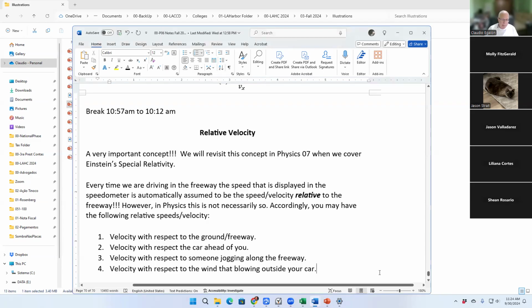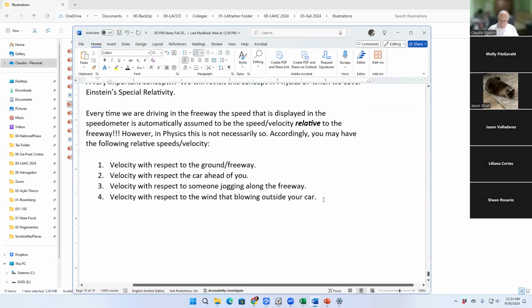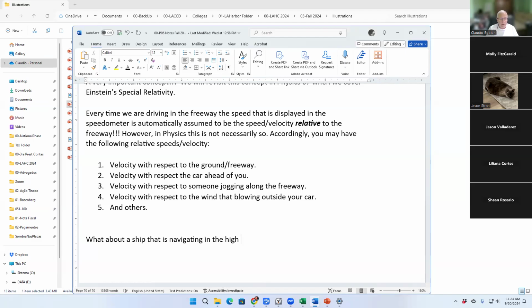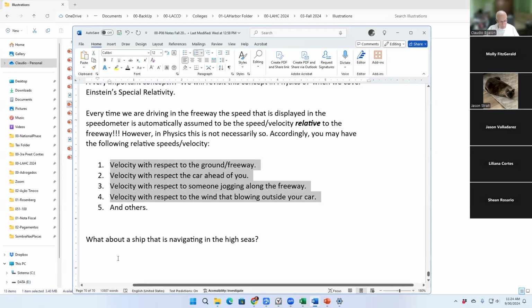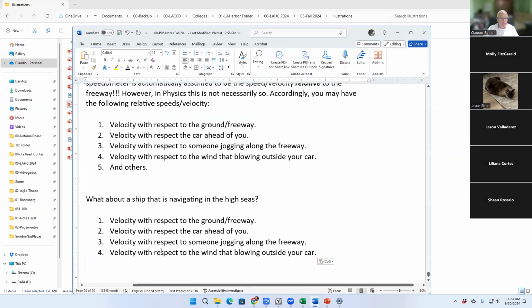Okay, and then you can think of many other, let's say the speed and others, okay? This thing is especially important if you're, for instance, what about a ship, right? What about a ship that is navigating in the high seas? For the case of the ship navigating in the high seas, you can have the following velocities.